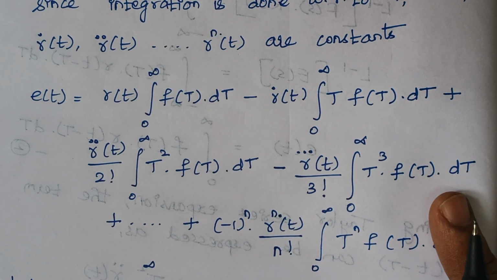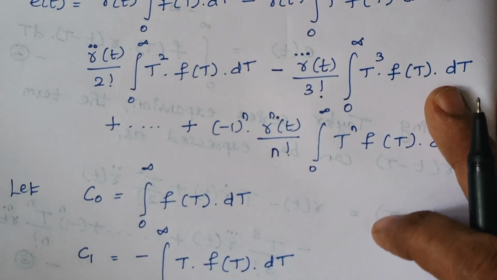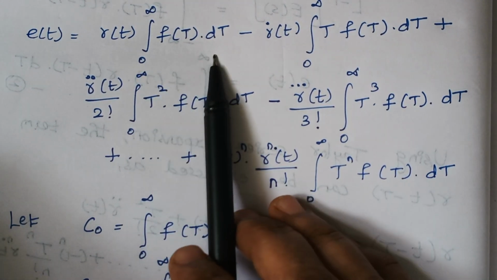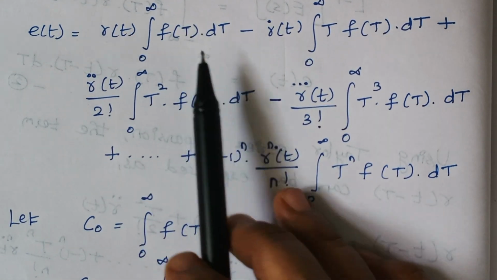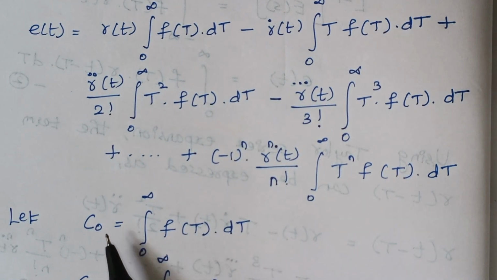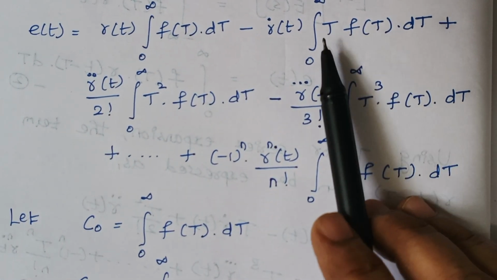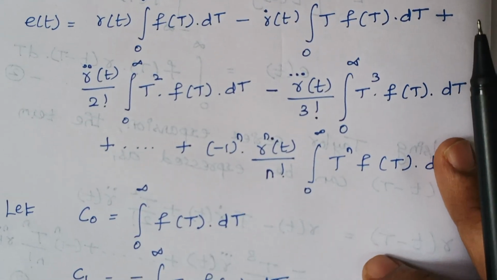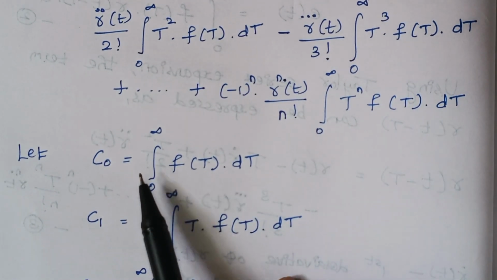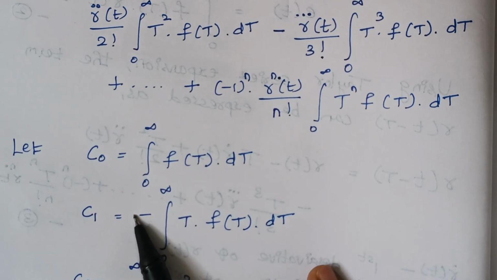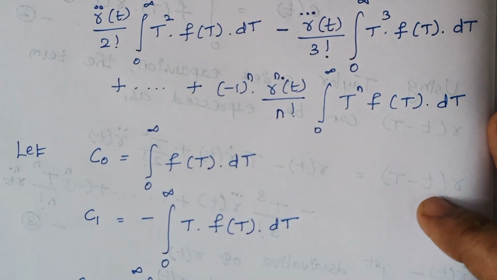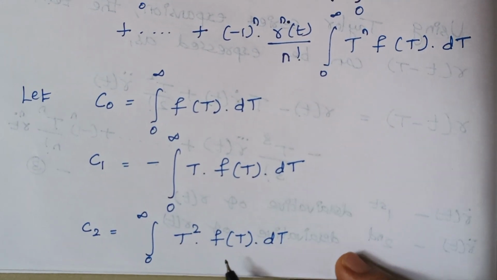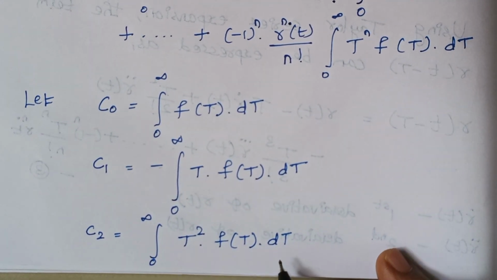So the integral from 0 to infinity of f of T into dT is replaced by c naught. Similarly, the integral from 0 to infinity of T into f of T into dT is replaced by c1. Again I have a minus sign here, so I am considering this minus sign also. The next, c2, is the integral from 0 to infinity of T square into f of T into dT.